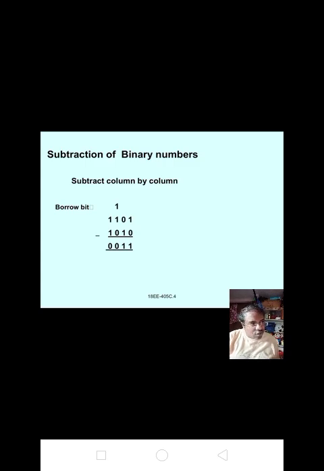Here 0011 means 8421 code, 2 plus 1, 3. Correct. Okay, it is subtract column by column. The column means if we write anything in a straight line, that is a row. If we write step by step, it is a column.